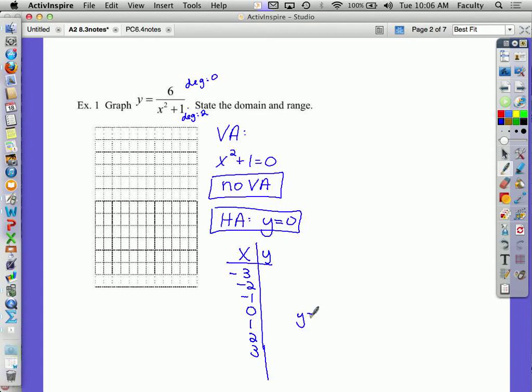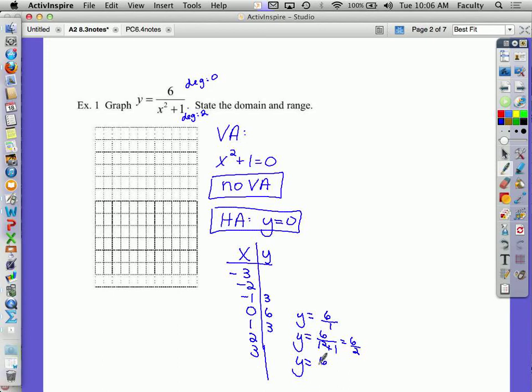So I would plug in 6 over 0 plus 1, so that's 6. Now let's plug in 1. So I get 6 over 1 squared plus 1, that's 6 over 2. That's 3, and that means the negative 1 has a value of 3.